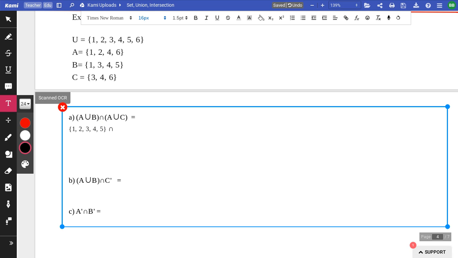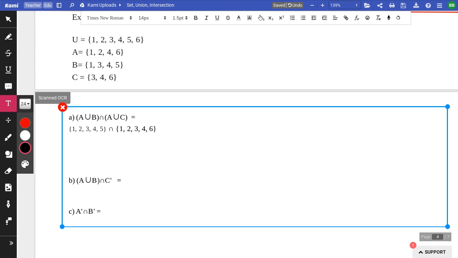A or C. So A, we have 1, 2, then we have 3, 4, 6. And the last step here is what is and for both of these sets.